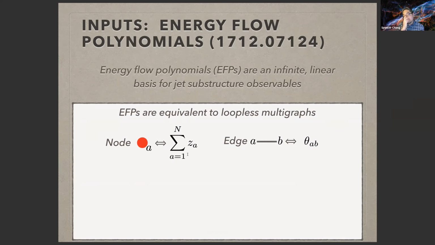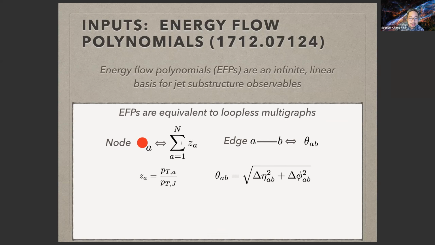You can do this by calorimeter deposits, or by particles or tracks; there are a variety of choices. So what is z_A? For a hadron collider, it's most natural to use the momentum fraction of the transverse momentum: of this object A, what fraction of the transverse momentum of the full jet does it have?